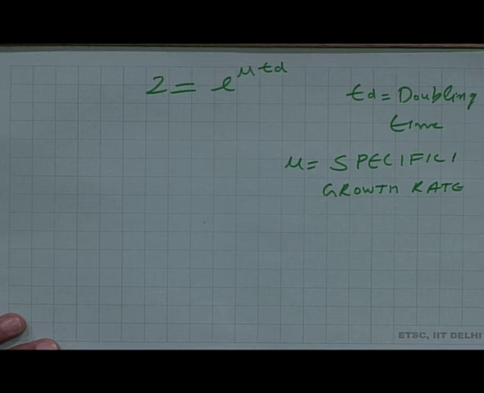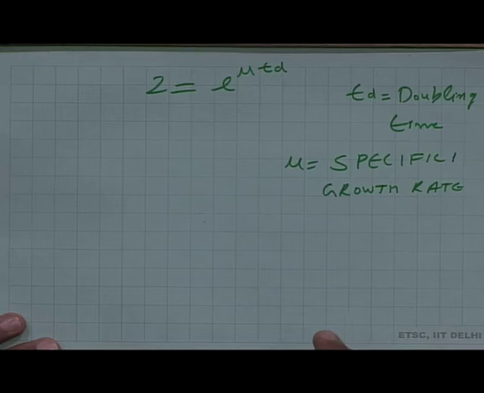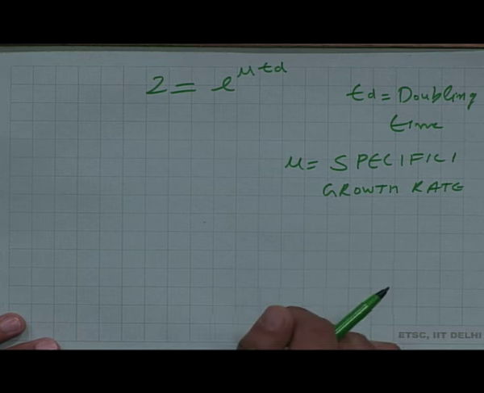Why semi-log? Because you take x axis as time, which is normal, and then log of x t minus log x 0. So mu is a specific growth rate.